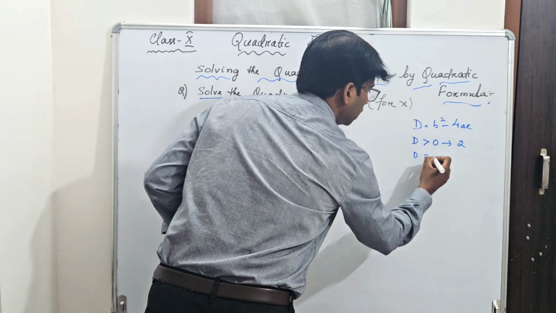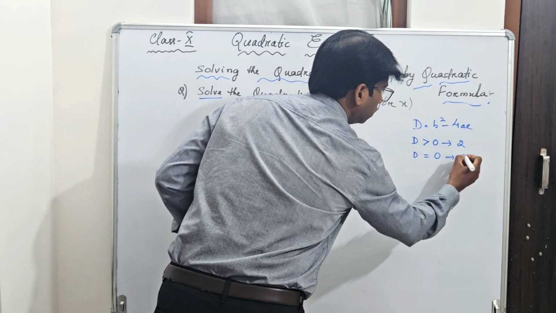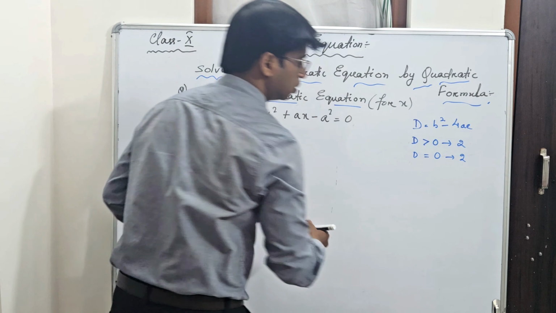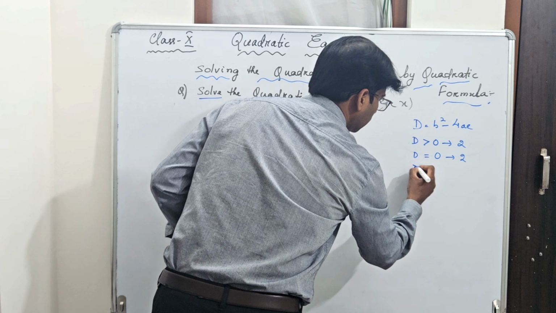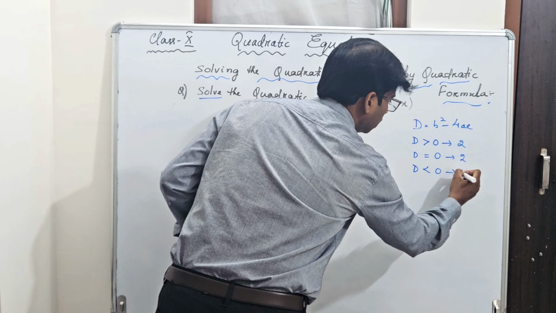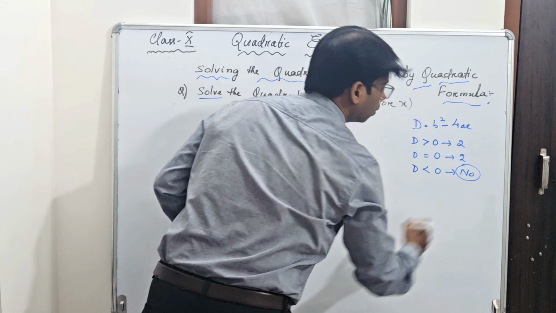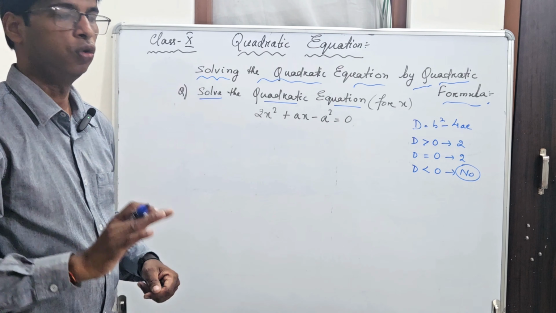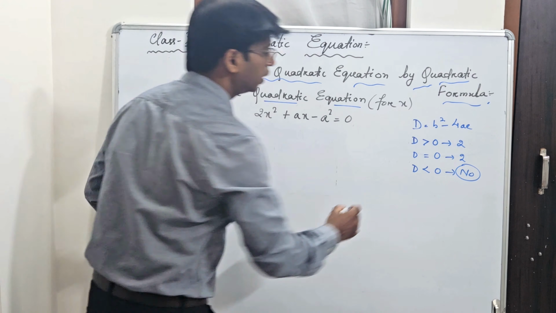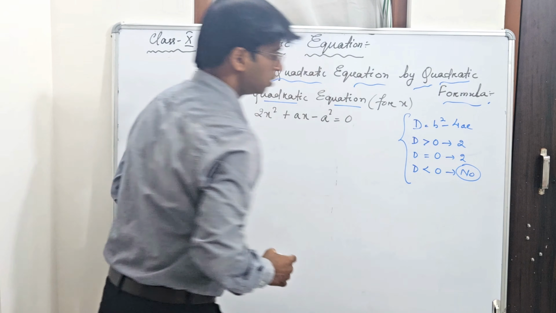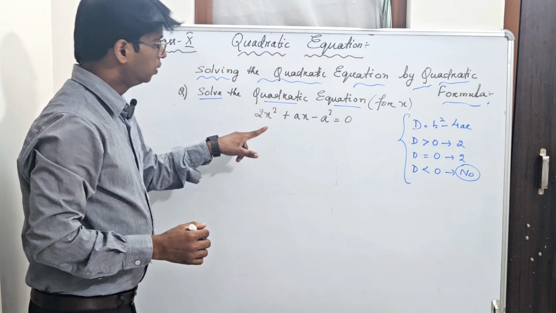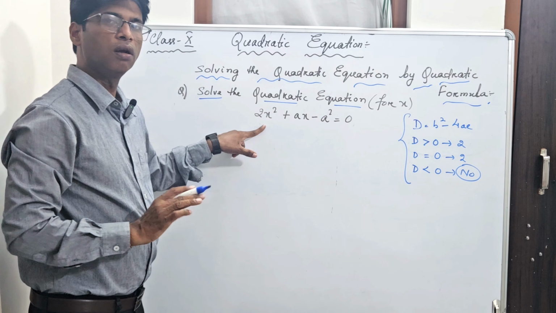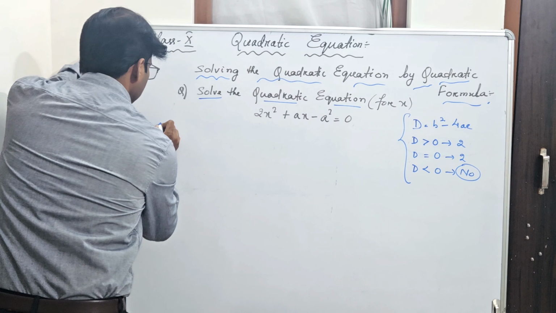If D is equal to 0, then it will be having two equal real roots. If D is less than 0, there will be no zeros or no roots at all. So if you get the conditions satisfied, then we can know whether this quadratic equation has roots or not. So let me solve this.